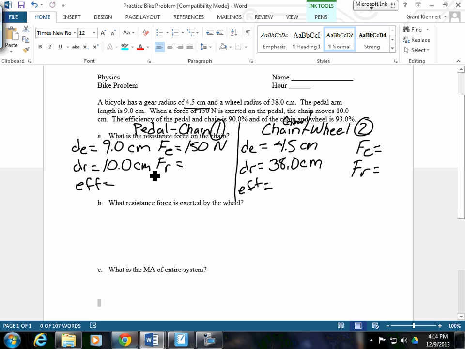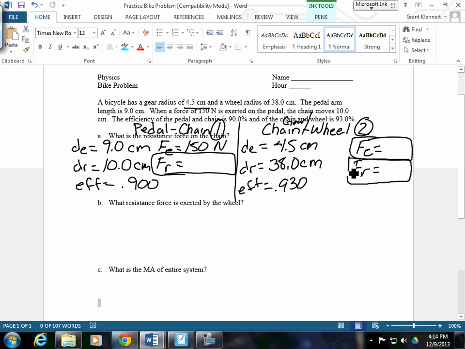The efficiency of the pedal and chain is 90%, so we're going to put 0.900. And the efficiency of our chain and wheel is 93%, so we're going to put 0.930. Now there are 3 pieces of information we don't have, and we are going to have to solve for them. We do not have force of resistance 1, force of effort 2, or force of resistance 2.